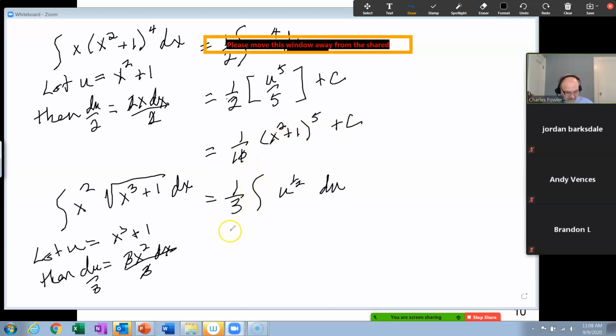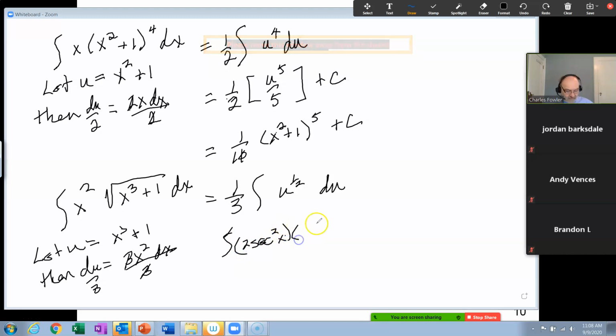Now this next one. The integral of 2 secant squared x times tangent x plus 3 dx.